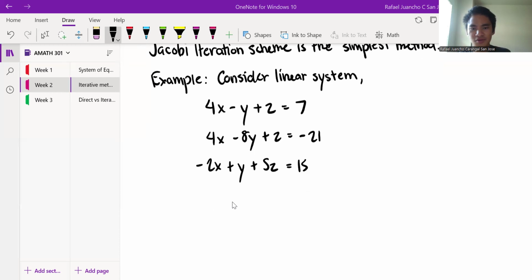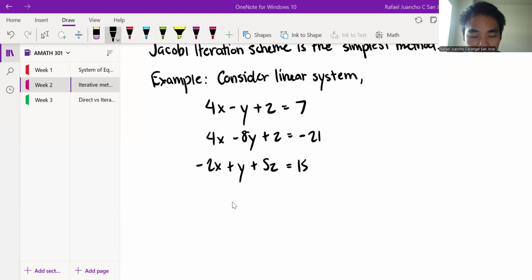And basically the Jacobi iteration scheme is, again, we're going to start with some initial guess, right? Convergence of the Jacobi iteration scheme to the solution from an initial guess.